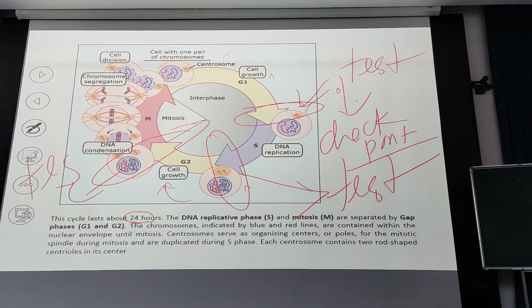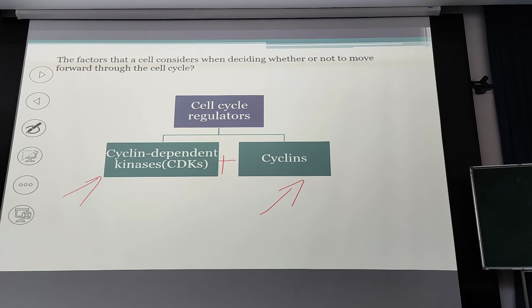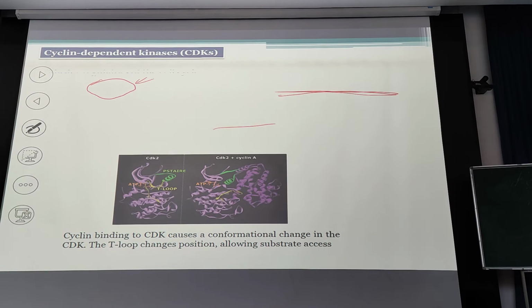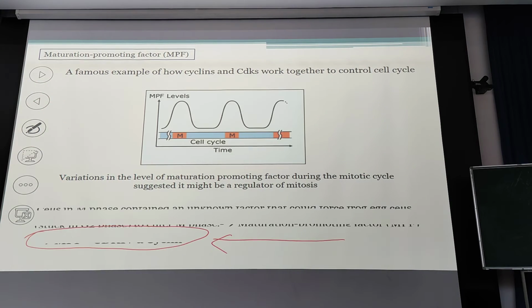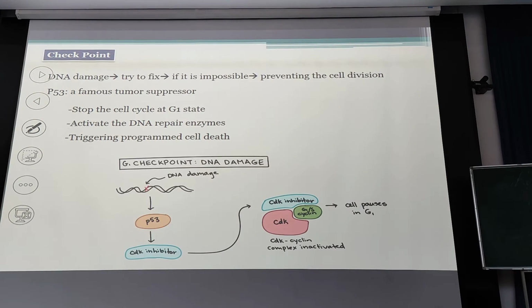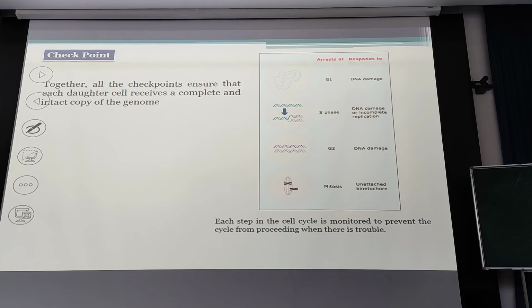The cell will stop and check everything: are they ready to turn into the next stage? At G1 stage, they check for DNA damage. At the S phase, they check again for DNA damage, and whether the replication is perfect or not.